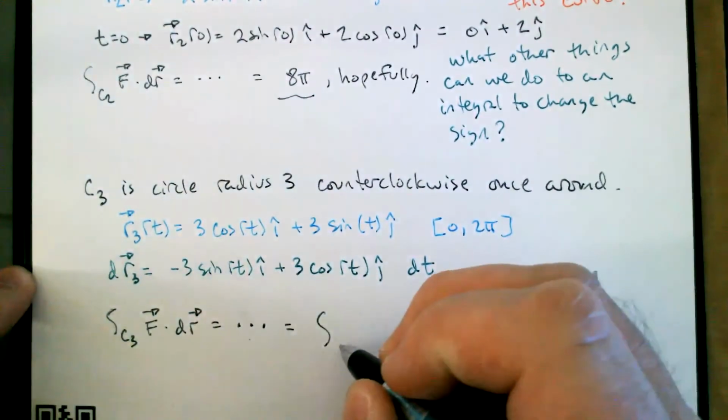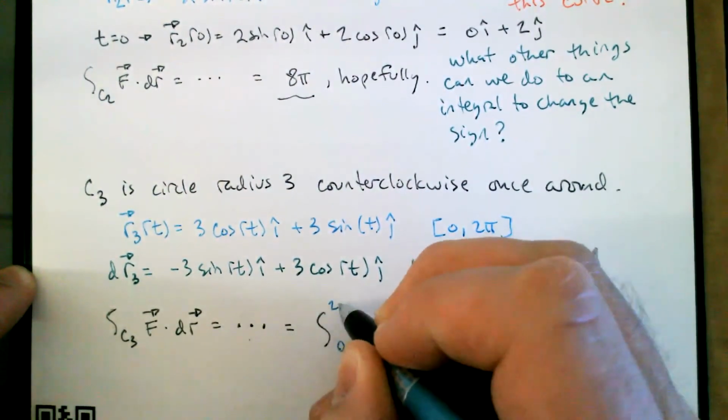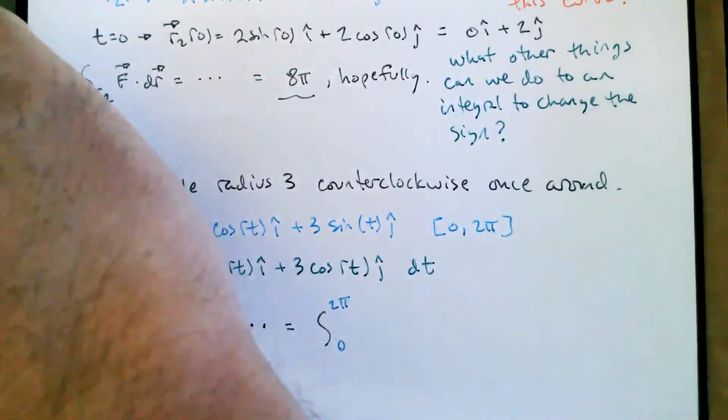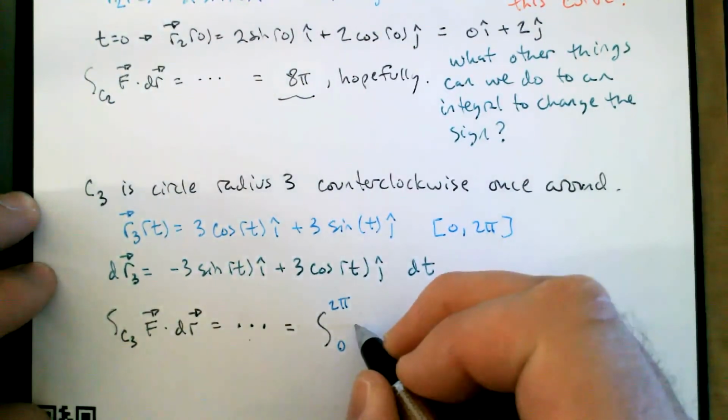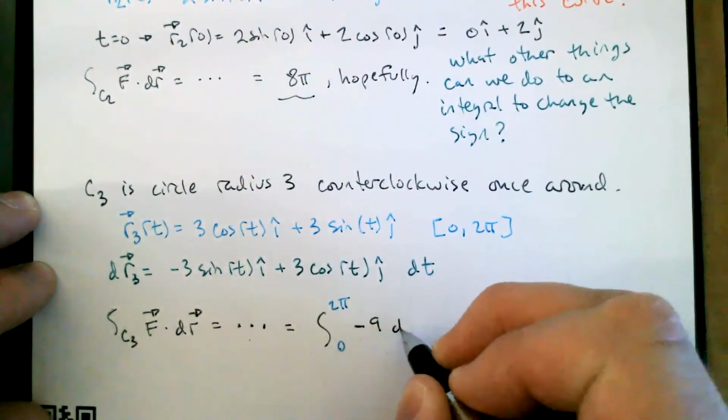We're still going to be integrating from 0 to 2 pi. But now we expect we're going to be integrating a -9 dt.